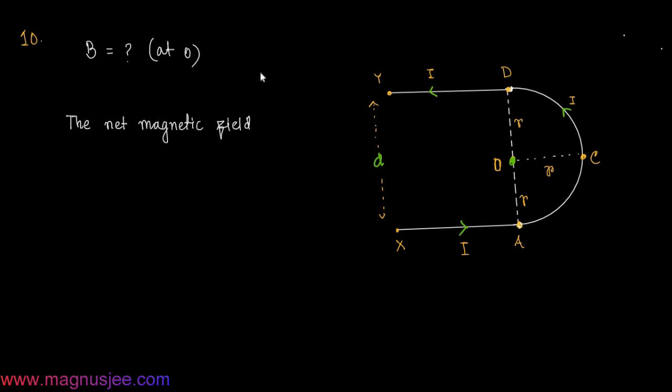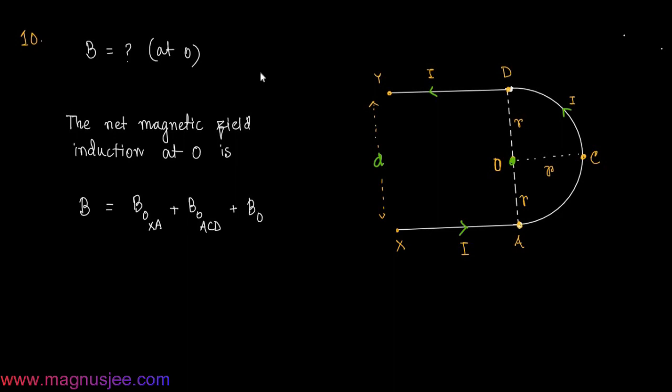The net magnetic field induction or magnetic flux density at O is B equal to BOXA plus BOACD plus BODY.